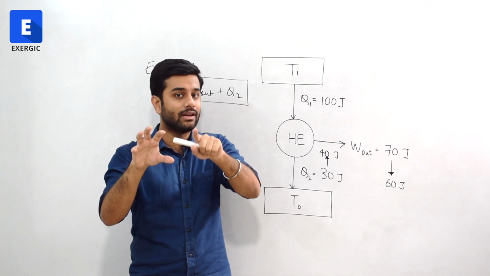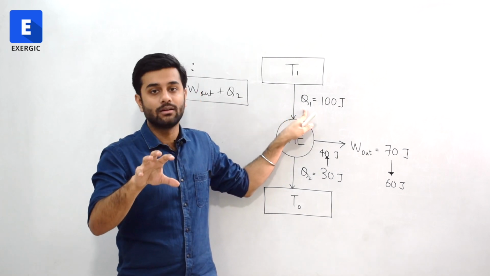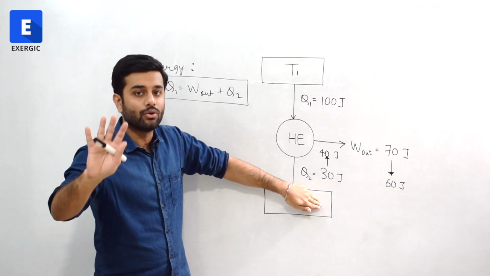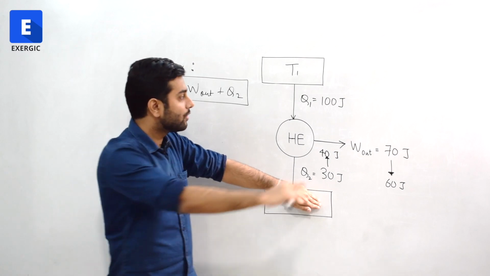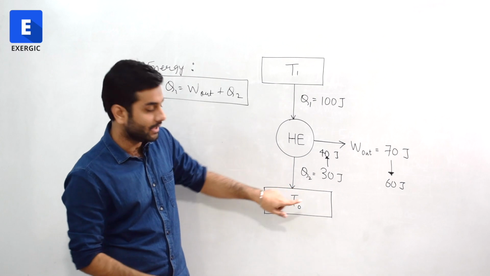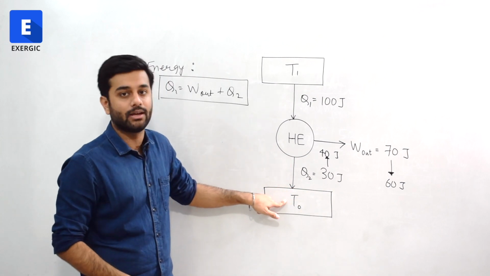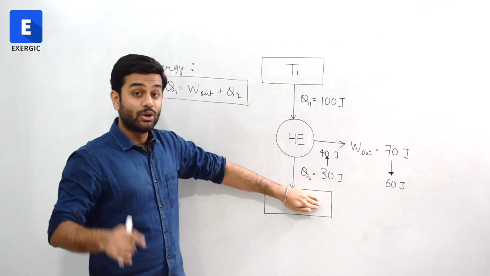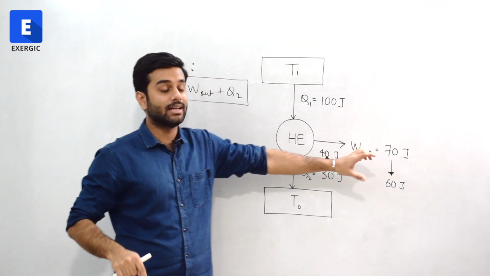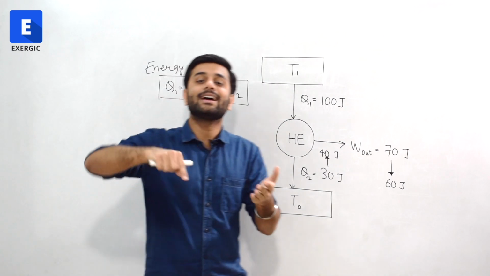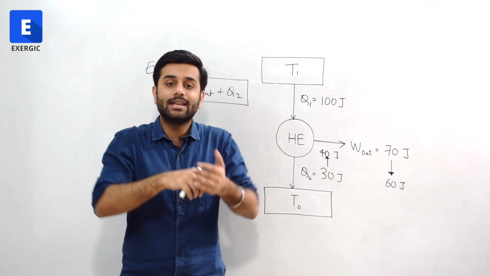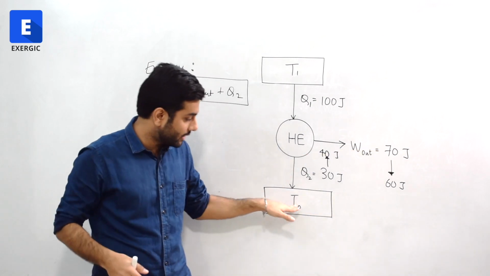If I want to know the available energy of Q1, whether I have T2 or T0 here, to find out the maximum work that I can extract from it, I have to draw this diagram. I have to consider the lowest available temperature T0 here.